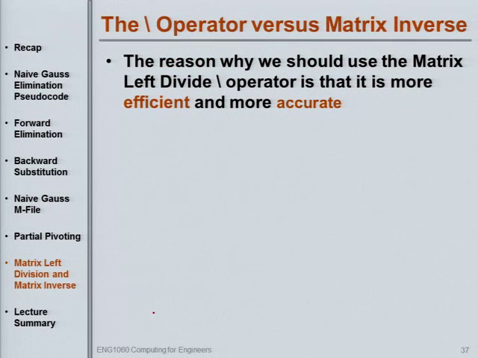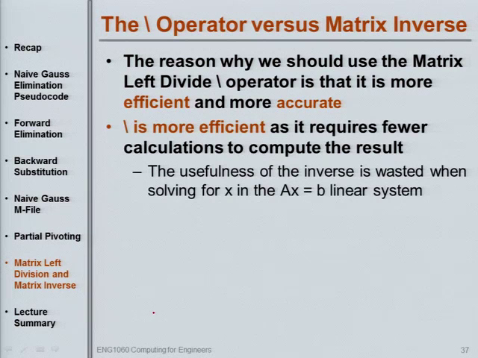However, unless there's a good reason why you need the inverse matrix, maybe you actually want it for some particular purpose, calculating it to calculate the solution to a problem like this is generally not very efficient. There are two reasons for that. Left division is more efficient and more accurate. It's more efficient because it actually uses something like Gaussian elimination to calculate the solution, and that takes a lot less computation than actually calculating an inverse.